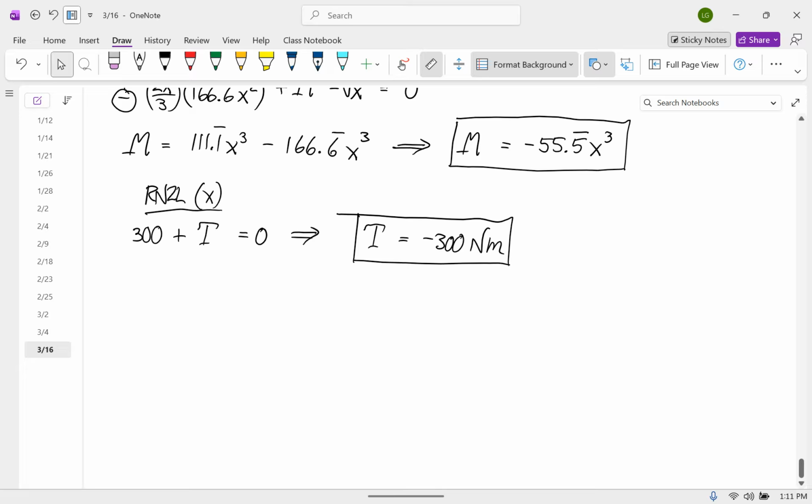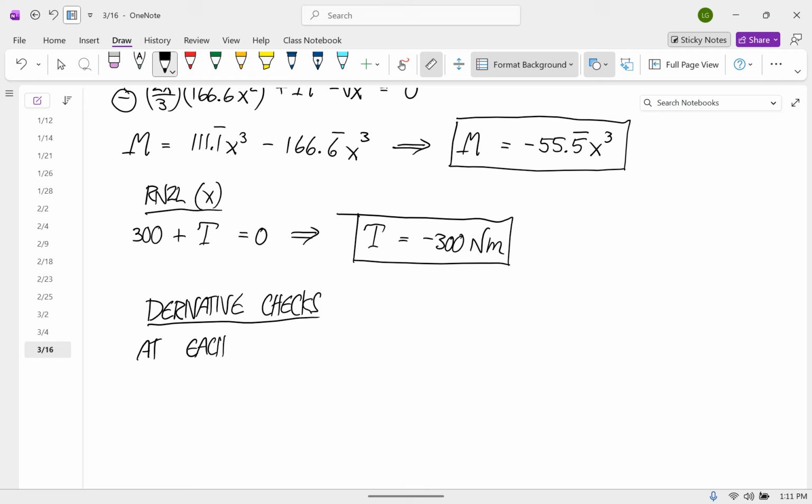And then after you're done, there are two derivative checks you can make. So at each point, the derivative of the bending moment with respect to x has to be equal to the shear force.